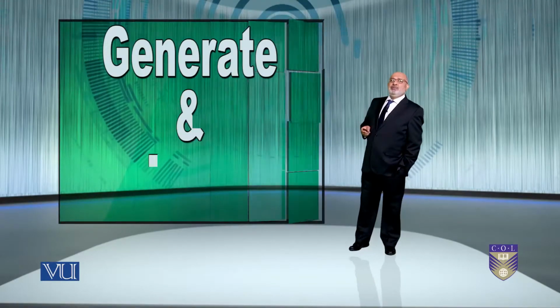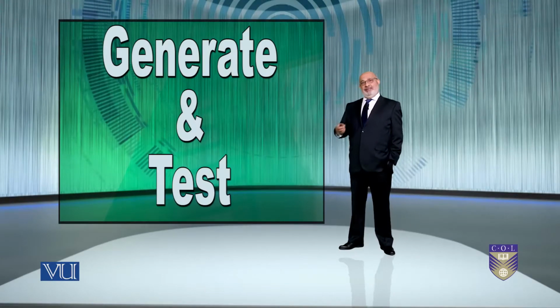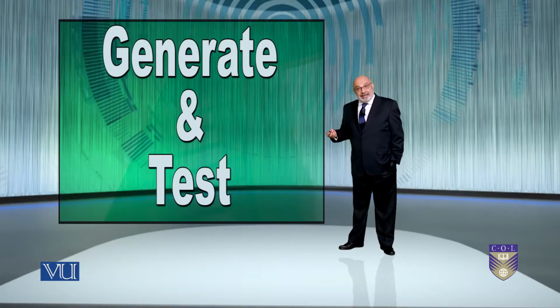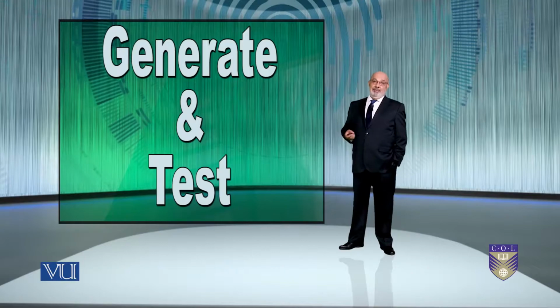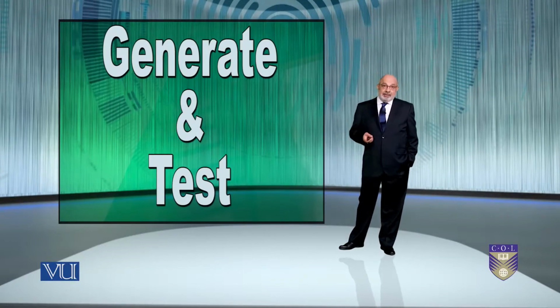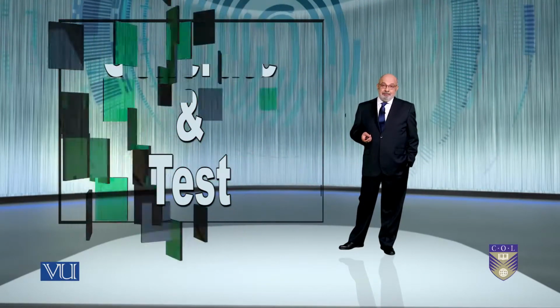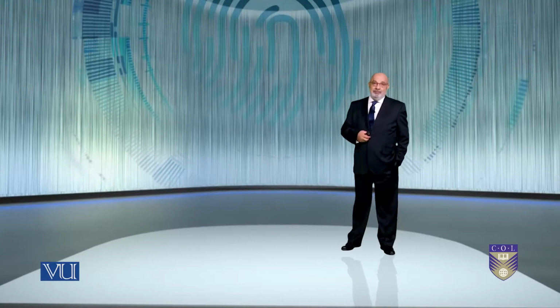And a technical term used for this is generate and test. What does that mean? This means that we look at the problem, we start somewhere, and then we say, all right, let's try out this combination. This thinking, generation of that combination, is a generation of a potential solution.